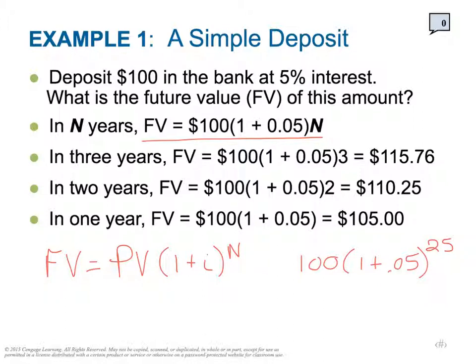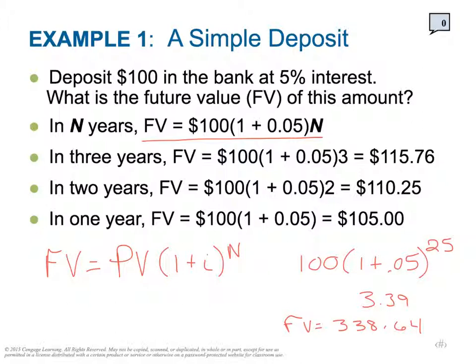First, do 1.05, hit your y to the x key, or your exponent key, 25, which gives us 3.39, and then multiply that by the 100. At the end of 25 years we would have $338.64. So that would be the future value of $100 invested at 5% in 25 years. That's a down and dirty, easy way to figure out the future value of something.